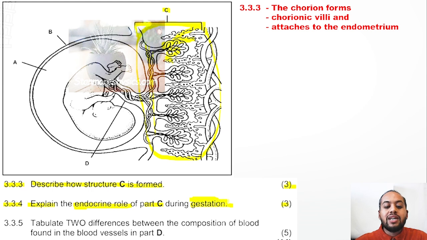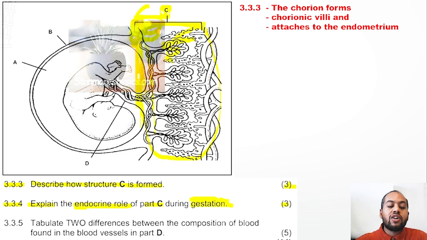It's that period between implantation and birth. Part C, this is part C. Explain the endocrine role of part C during gestation. Endocrine role, what hormone is the only hormone they could be referring to that's released here? What part is that? The placenta.